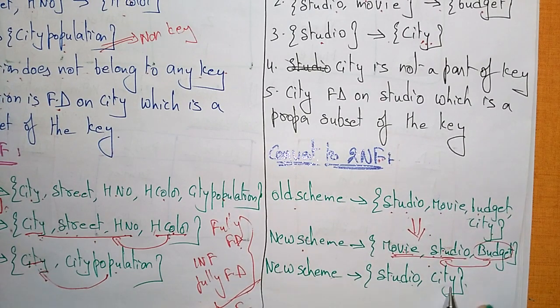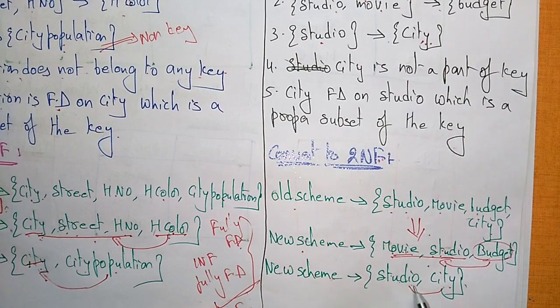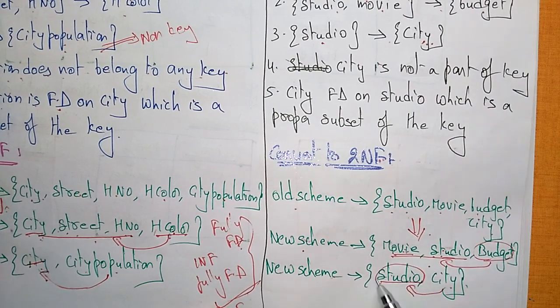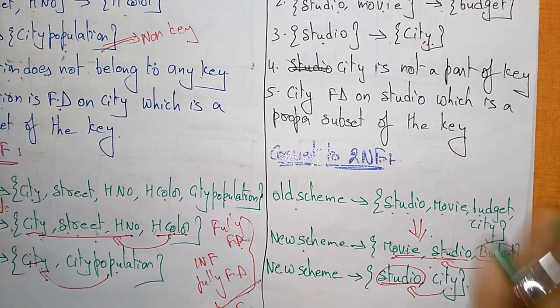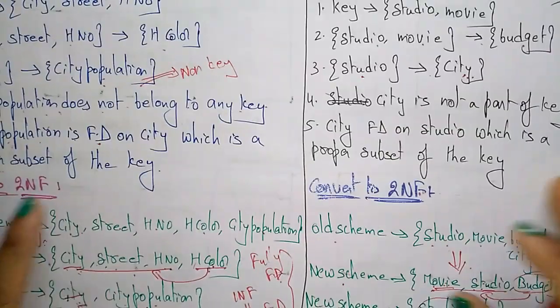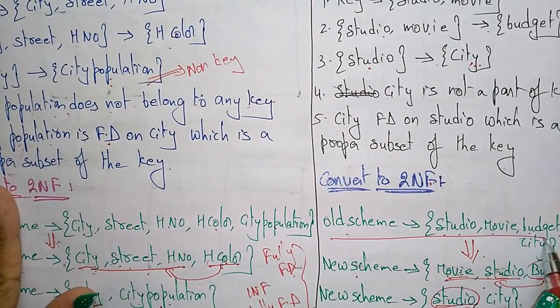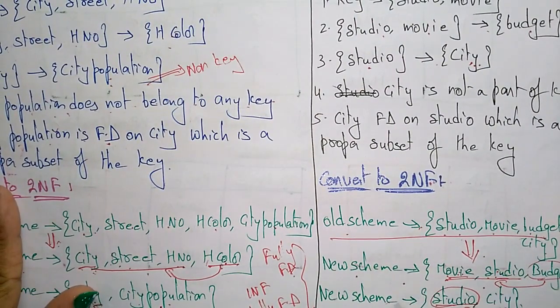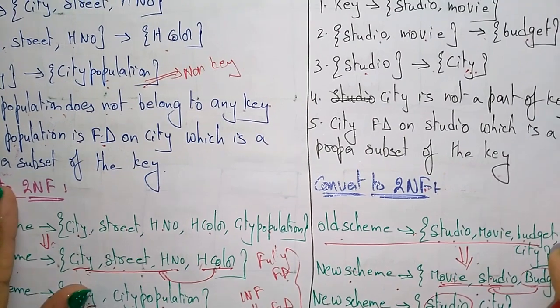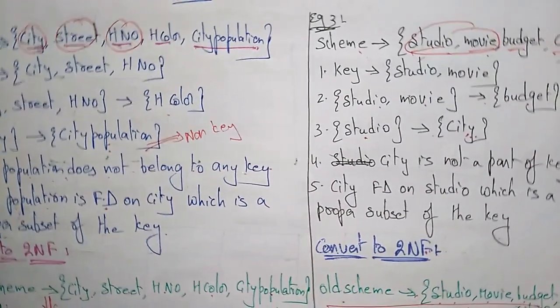The other new schema is studio and city, where city is dependent on studio and studio should be the primary key. Each table holds one primary key. These are the rules for 2NF, so now the old schema is converted into the new schema in 2NF. This is about the second normal form. Thank you.